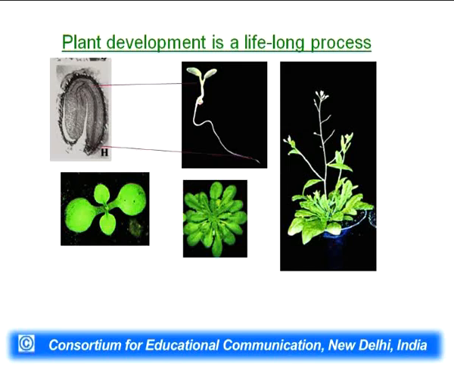See, this slide shows a seed on the left that has two ends. One is called the root apical meristem at the bottom, and a shoot apical meristem over here.